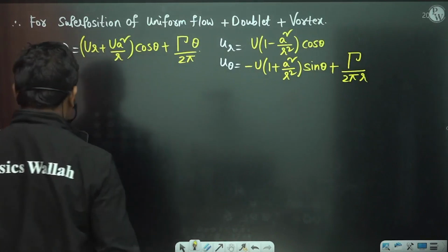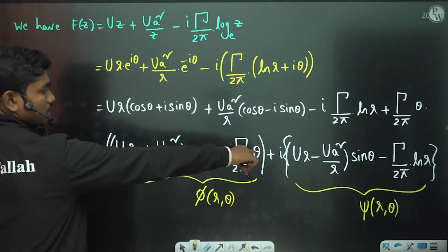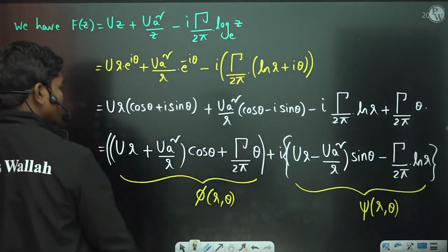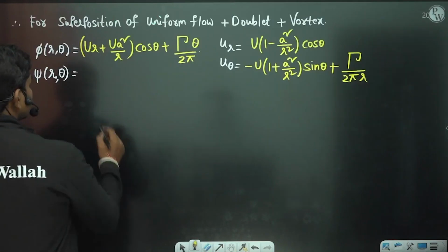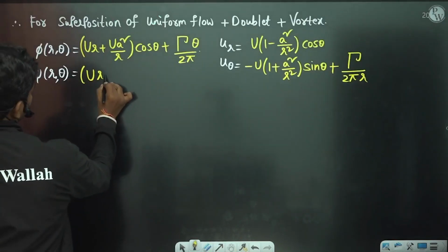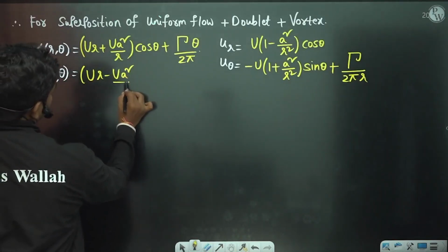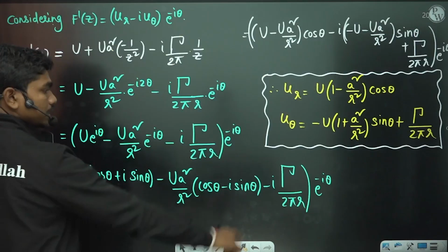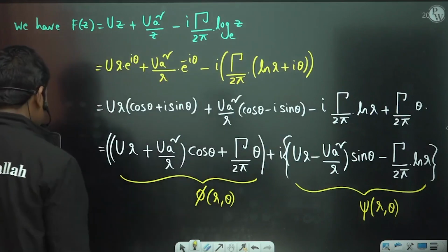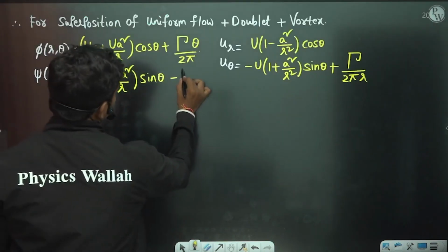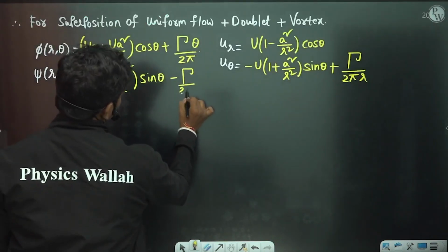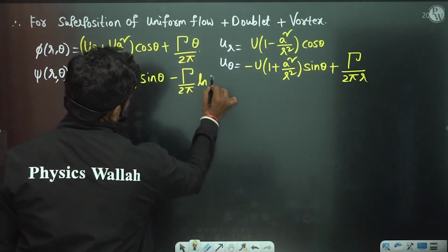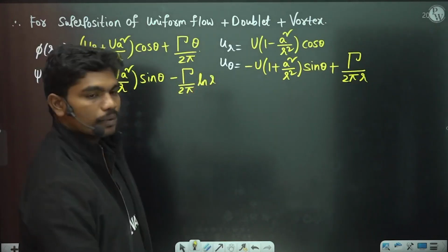Okay, so this is what you have. Then psi of r comma theta is u r minus u a square by small r, times sin theta, minus circulation by 2 pi ln r actually here.